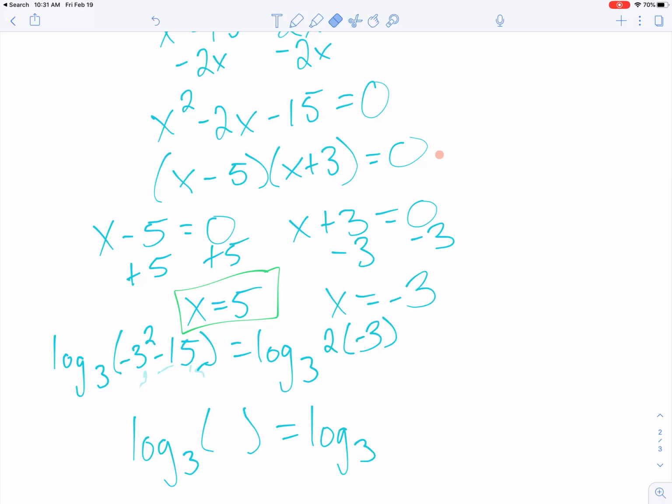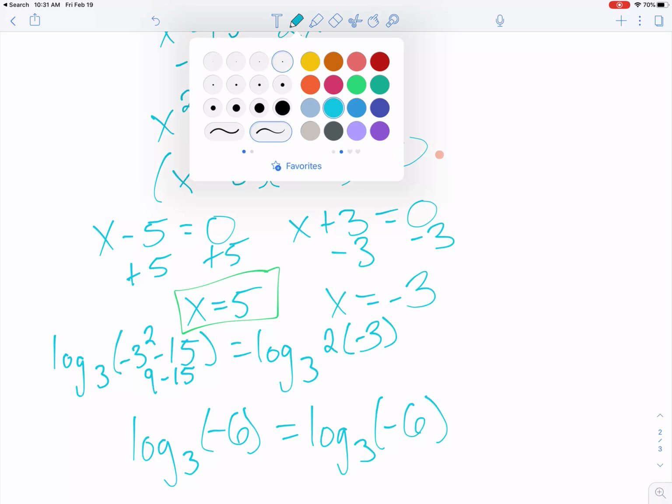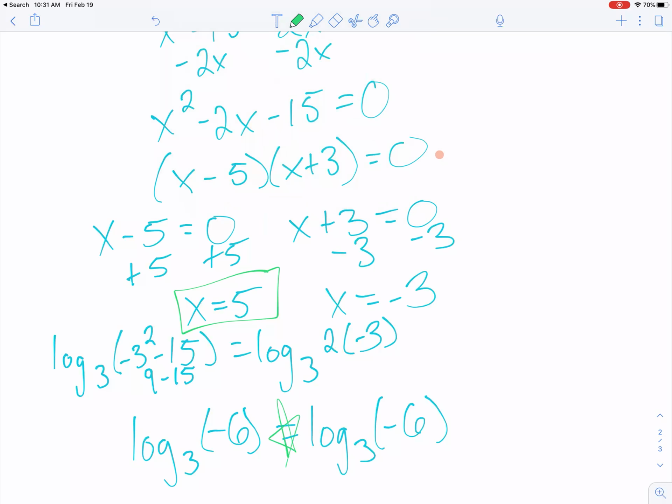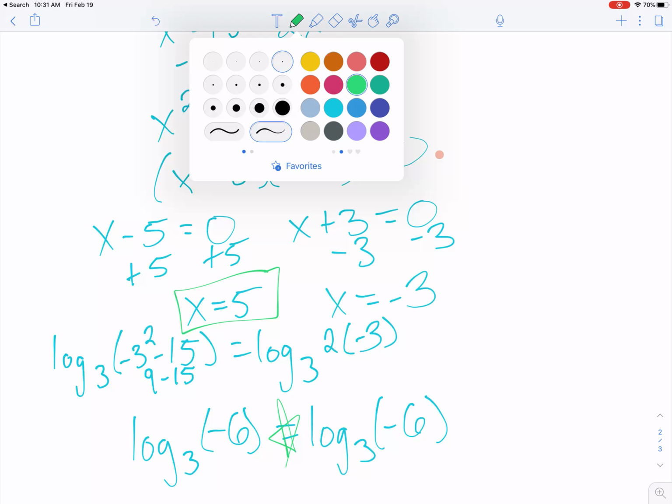Negative 3 squared is 9, and 9 minus 15 is negative 6, and 2 times negative 3 is negative 6. Okay, it looks like they do equal each other, so I'm going to go ahead and star that, yippee-ki-yay.